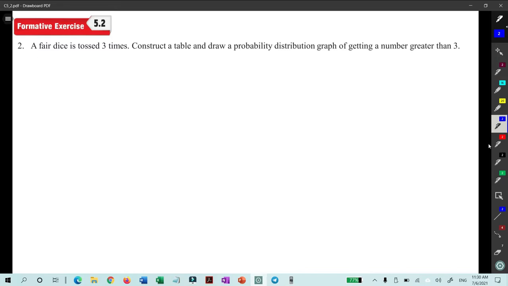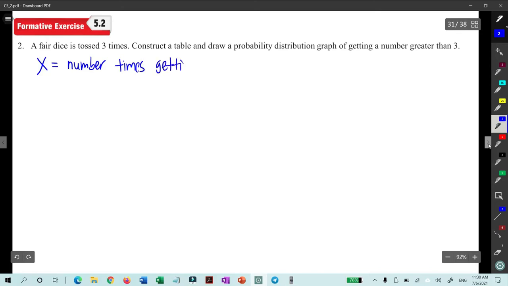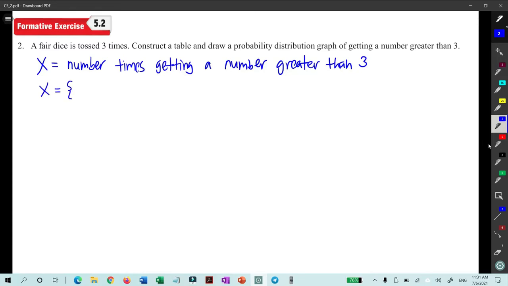So x is the number of times getting a number greater than 3. Therefore, the values of x can be represented using a set like this: 0, 1, 2, and 3.